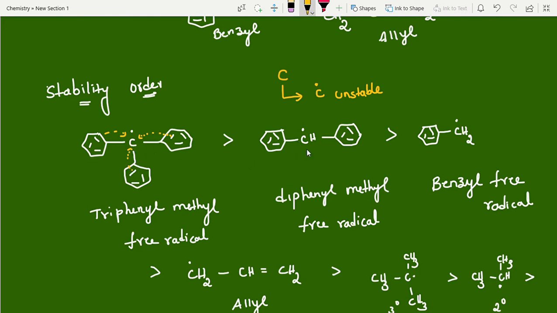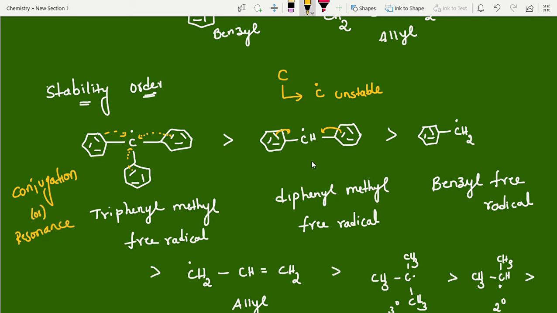Here also, two richest guys are there, 1 poor guy is there, so it stabilizes. This we call conjugation, or else resonance.